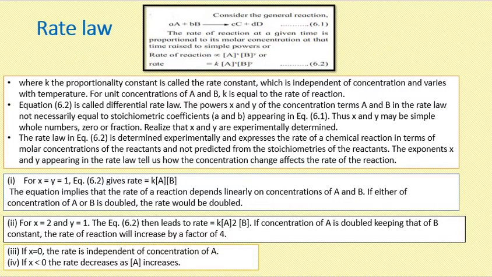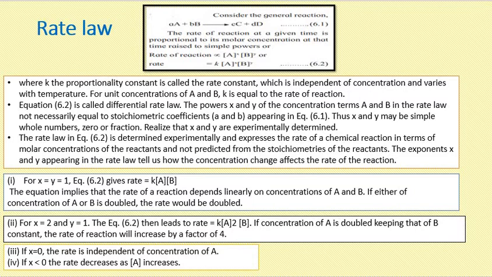Consider this general chemical equation. There are two reactants A and B having stoichiometric coefficients a and b, and they are turning into products C and D having stoichiometric coefficients c and d. If I want to write the rate law for the reaction, it would be: rate of reaction is directly proportional to the concentration of A raised to power x multiplied by the concentration of B raised to power y.